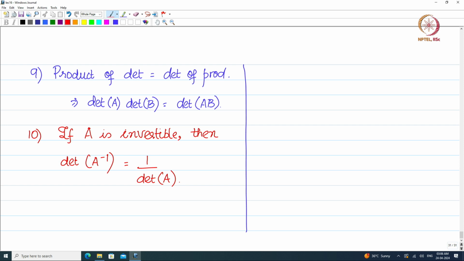We already saw that if you try to scale a matrix, the determinant changes, and if you try to scale one particular column or one particular row of the matrix, the determinant again changes. But we found that the shearing transformation is not going to change the determinant, rotation is not going to change the determinant, and so on. So, as far as square matrices are concerned, this determinant plays a very crucial role.